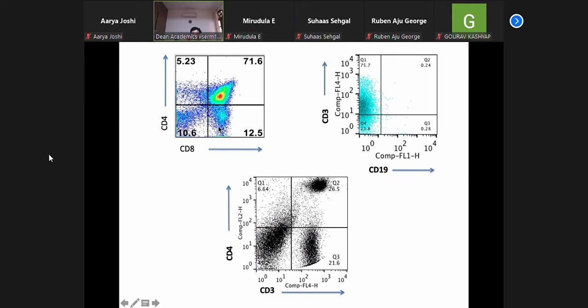For example, if you get a FACS plot which is something like this, you are basically getting it on live cells.